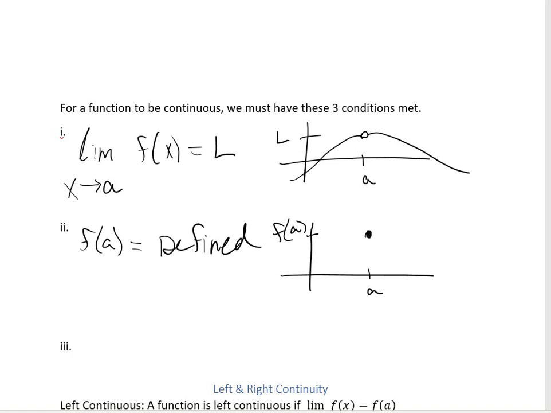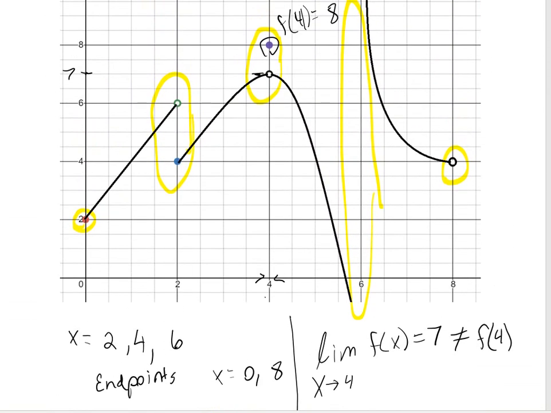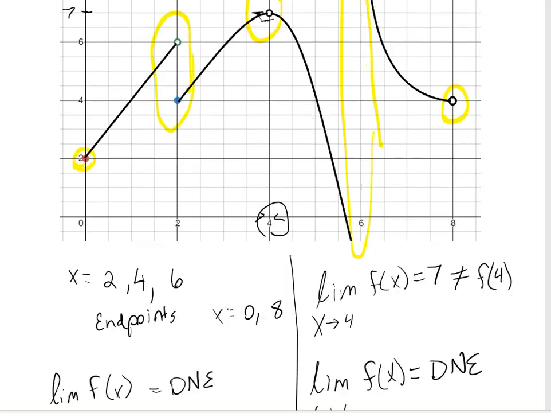Now, the last thing we want for a function to be continuous is that we want f of a to line up with the limit. So for example, if we look at this point here, the limit exists, okay, it equals 7. Our function value exists, it equals 8, but since they're not in the same spot, it's still not continuous.